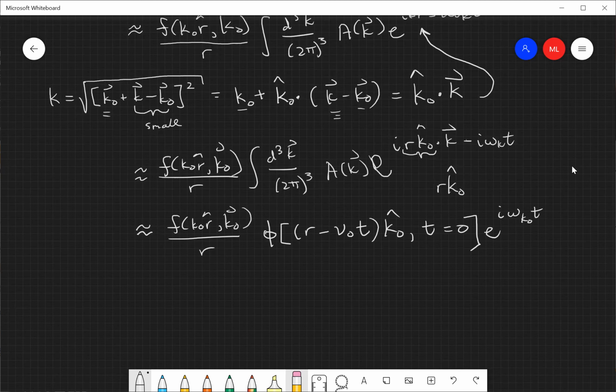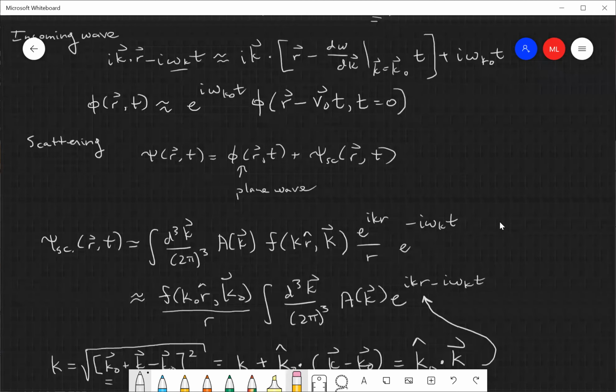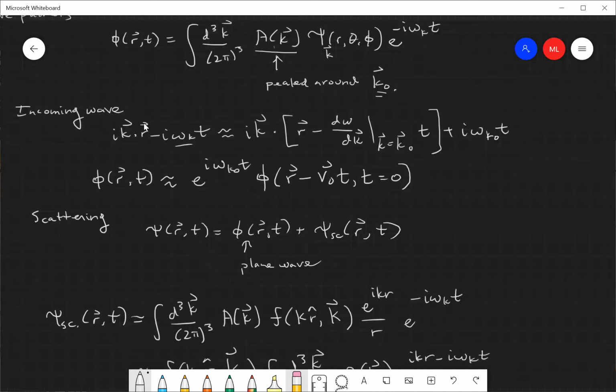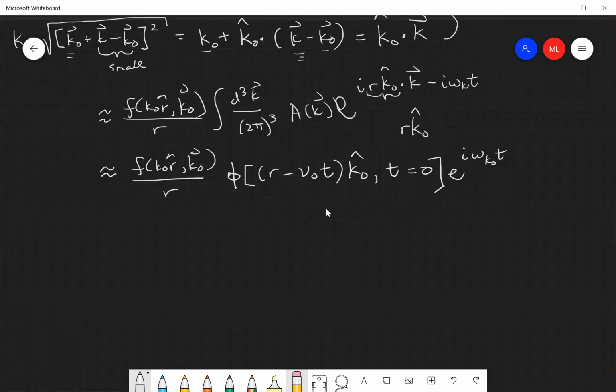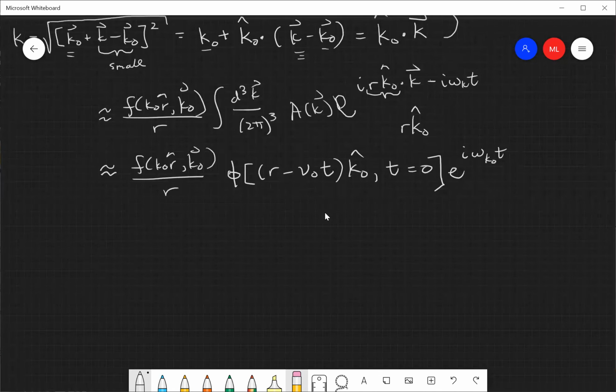This is just borrowing exactly the same approximation we had for the incoming plane wave. You see, instead of our r vector, we now have the magnitude of r times k naught hat. So if you do that, and v naught's already along the k naught direction, this just comes out as an overall magnitude times the k naught direction. So that's the scattered portion.